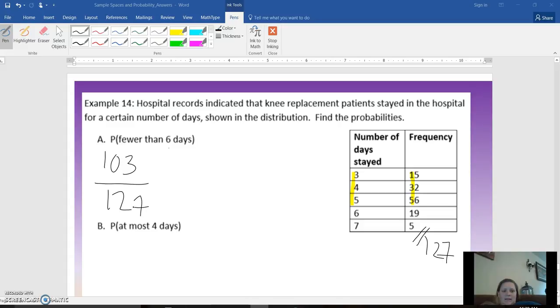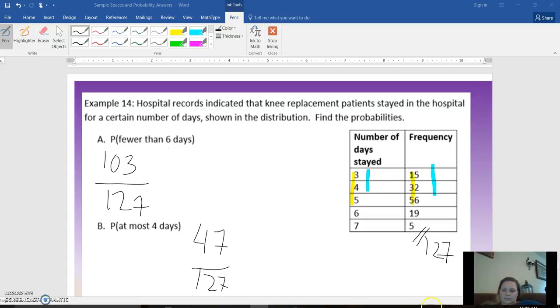All right, this says at most 4 days. So that's 3 or 4 days at most. So I'm going to do 15 plus 32. I get 47 out of 127. Just checking something real quick.